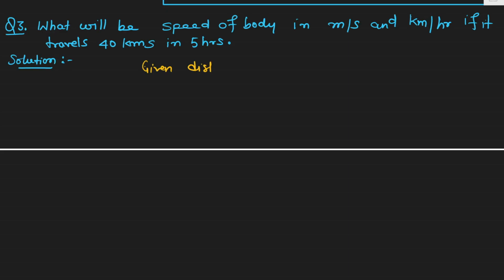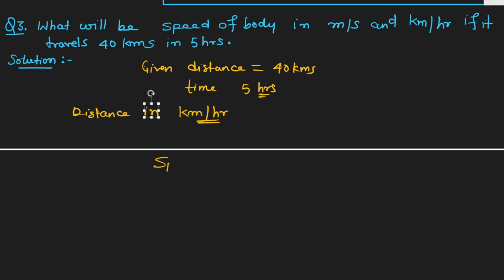First we'll measure speed in kilometer per hour. So speed is distance upon time. What is the distance? 40 upon 5. So yes, 8 kilometer per hour. So this will be the answer.